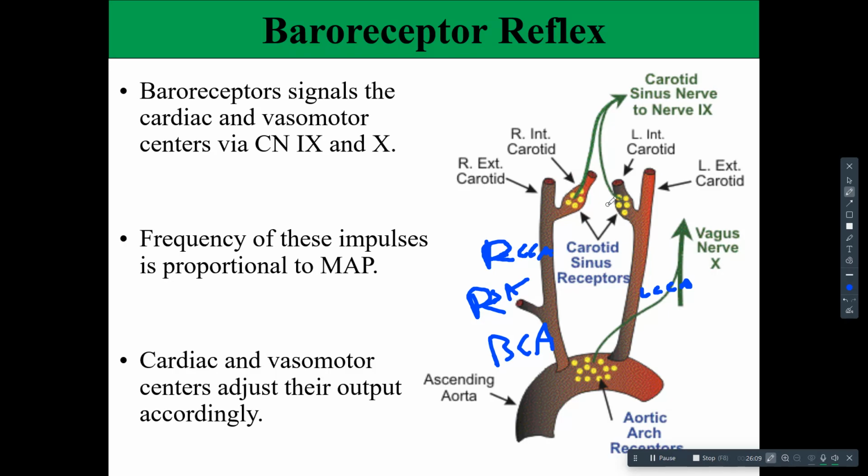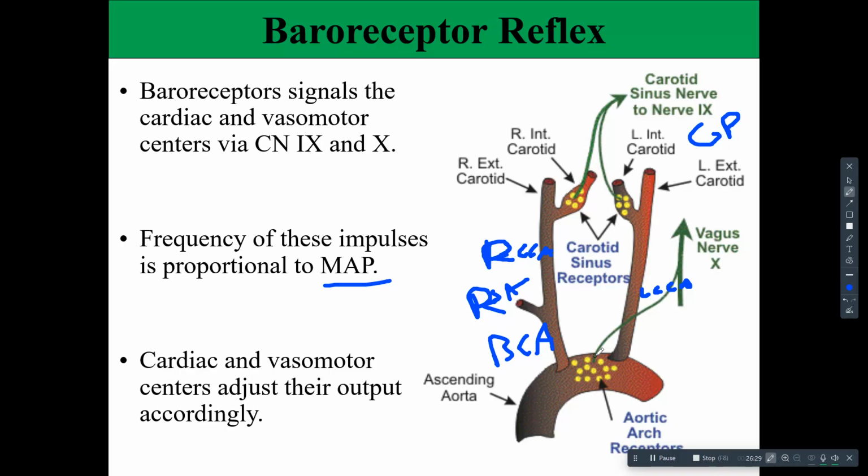The carotid sinus receptors send signals via cranial nerve number 9, which you remember was GP, the glossopharyngeal nerve. And the frequency of these signals is proportional to the average pressure in these areas.